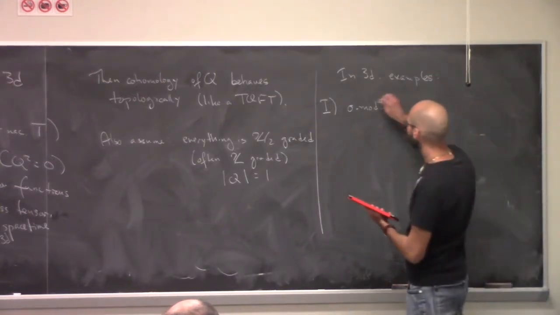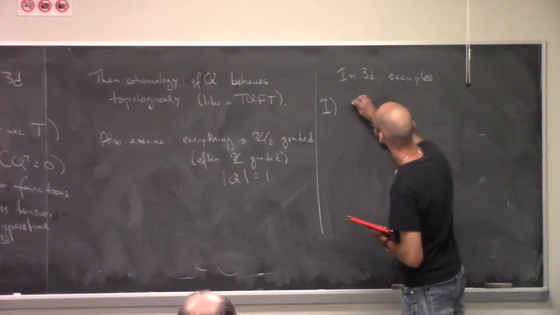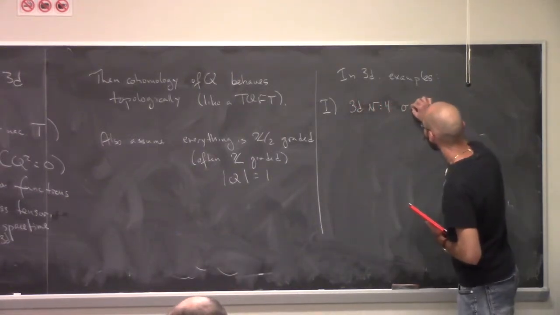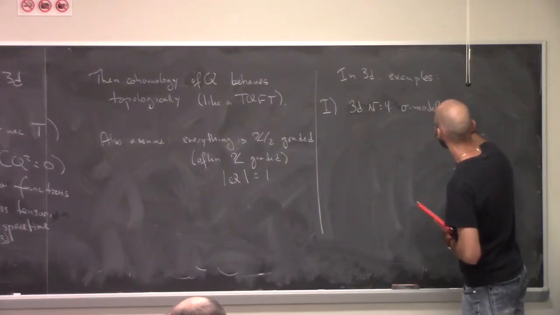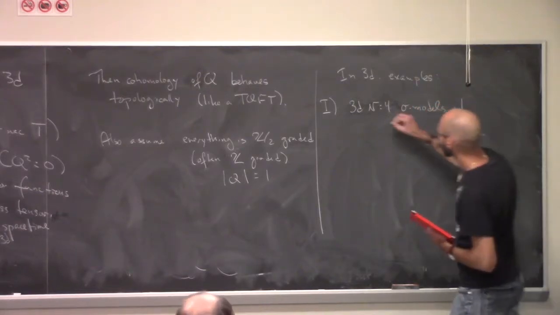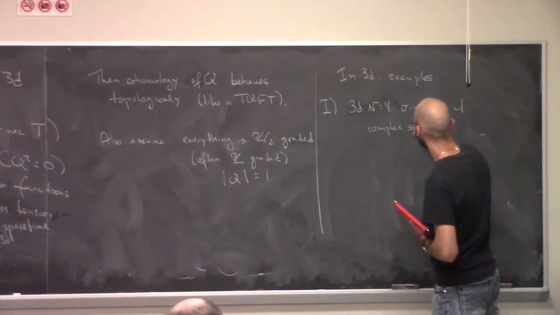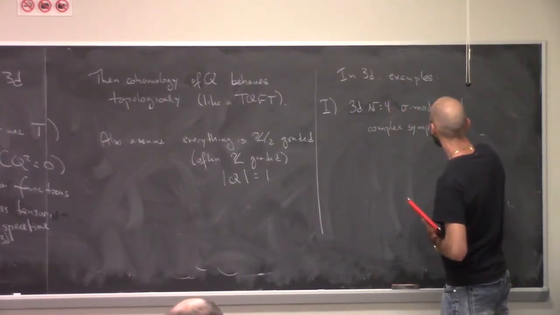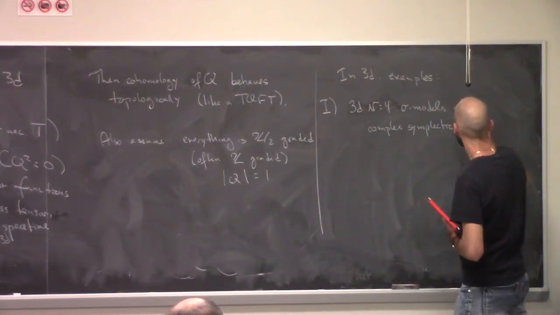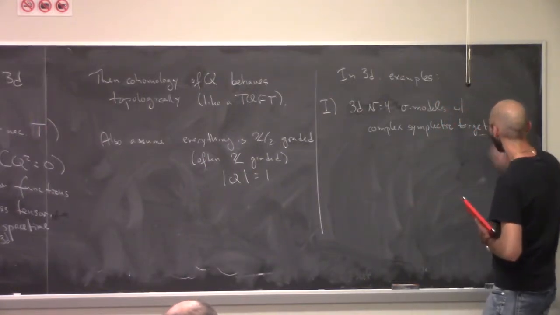And to be more precise, these are supersymmetric N=4 sigma models with complex symplectic target X.